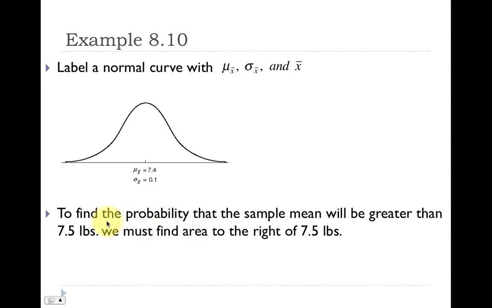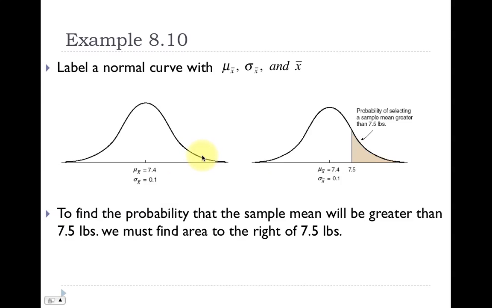The question asks us to find the probability that the sample mean is greater than 7.5. So x bar is 7.5, which is somewhere on the right side of 7.4. And greater than 7.5 indicates the proportion of area shaded to the right of 7.5.